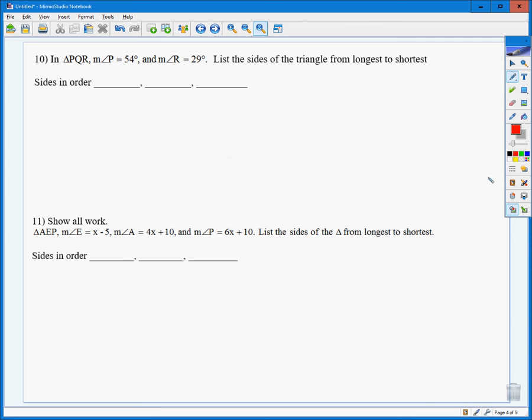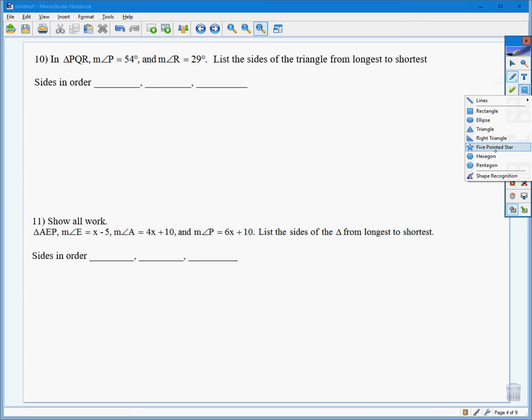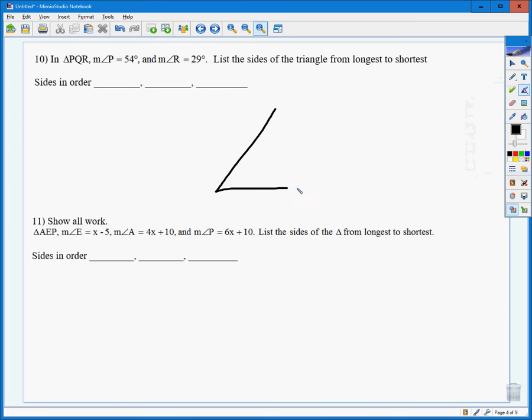Number 10, before I do this problem, I certainly would start out by drawing a triangle. And I'm just going to label it P, Q, R. They said angle P is 54 degrees. Angle R is 29 degrees.